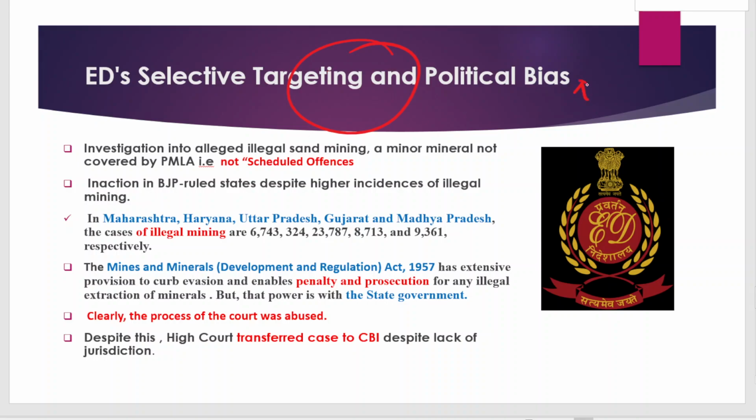For example, there was an incident in Jharkhand when an MLA of the Jharkhand government was investigated by the ED based on alleged illegal sand mining, which is a minor mineral. But here we need to understand that when we look at the schedule of offenses of the Prevention of Money Laundering Act, the case related to illegal sand mining is not mentioned as an offense in that schedule.